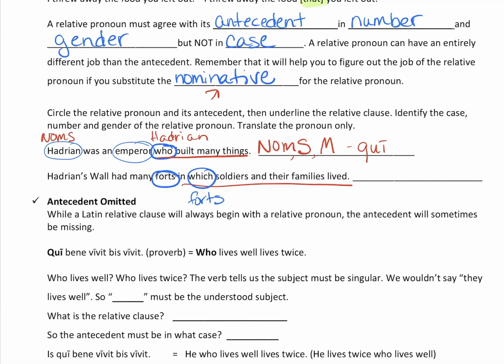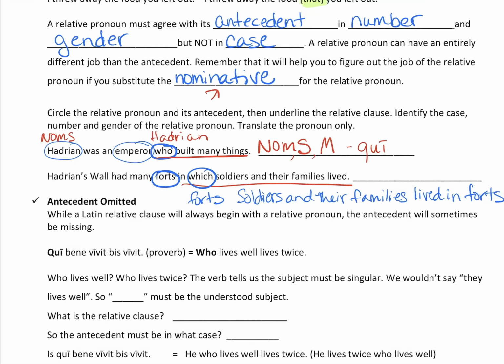In forts, their soldiers and their families lived. Doesn't make sense. So rewrite it. Soldiers and their families lived in forts. So if I wrote it down, soldiers and their families, do it so it makes sense, lived in forts.